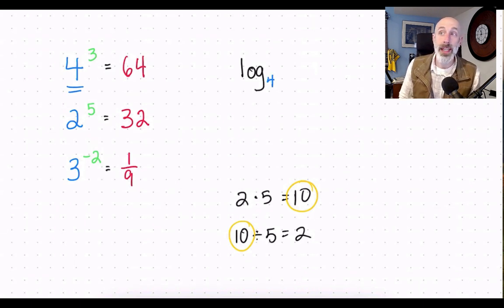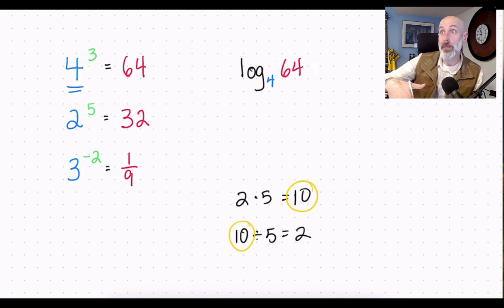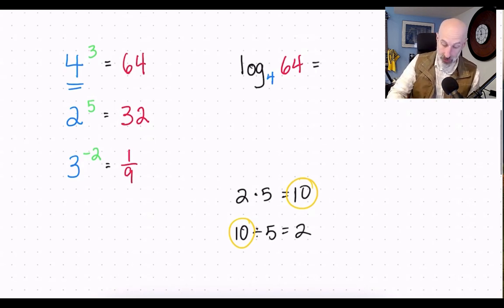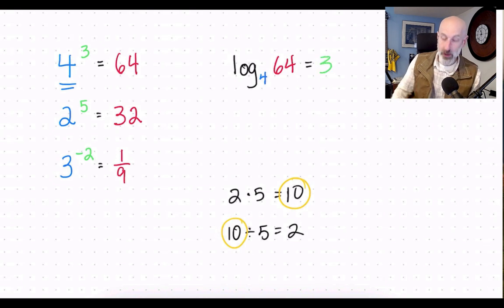It's going to be written like a subscript. The answer to the exponent problem is going to be in the problem here. So we would read this log base 4 of 64. This is an expression that has a value, and its value is the power of 4 that would create a 64.